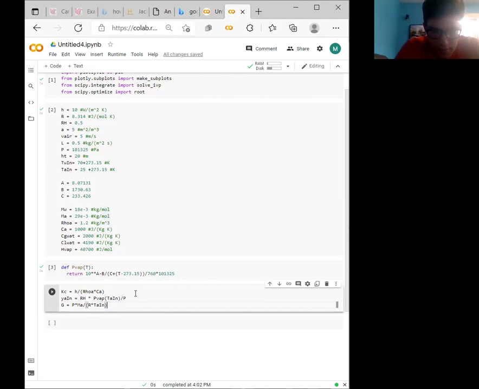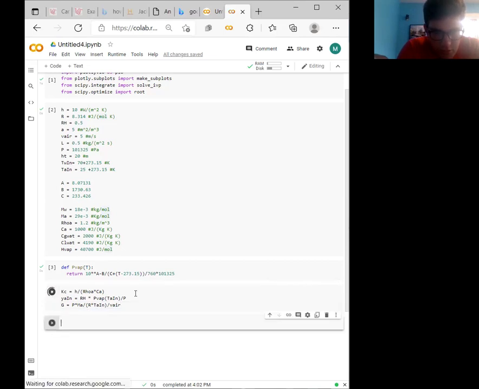I've got to get my parentheses right here. This is all divided by the velocity. Okay. And this should all work out.